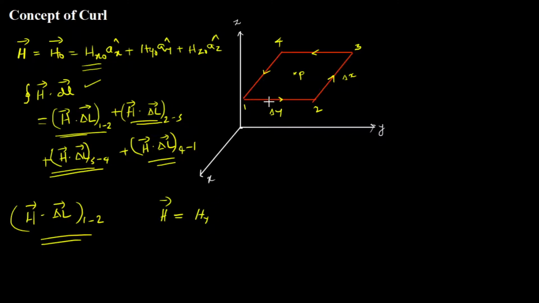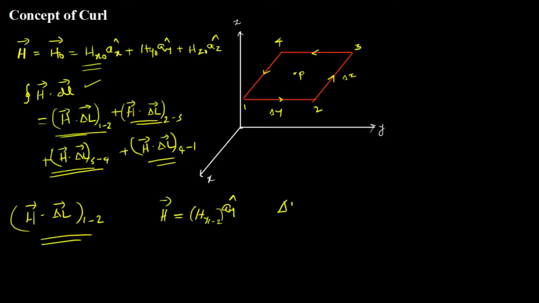So the magnetic field intensity in the section 1 to 2 will be the y component of magnetic field intensity. To be more clear, I can write it as Hy(1-2) ay cap. So magnitude times direction: Hy(1-2) is the magnitude and ay cap is the direction.